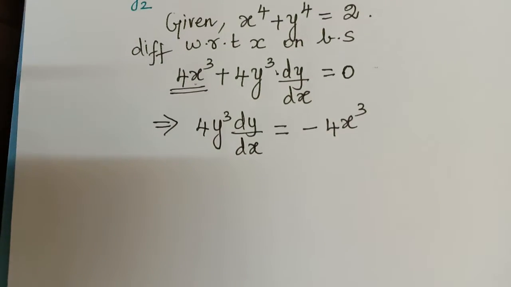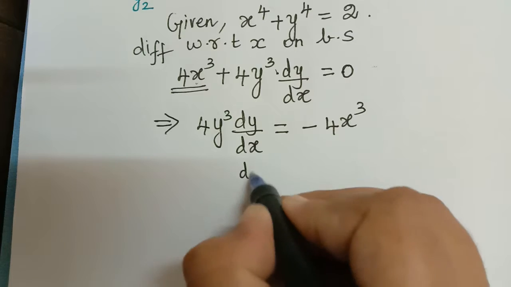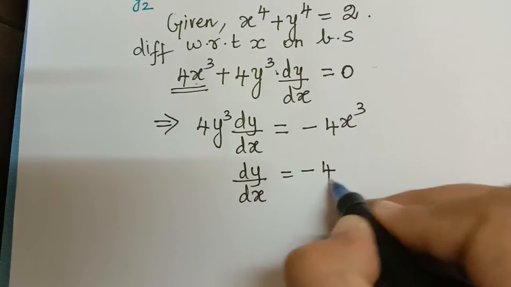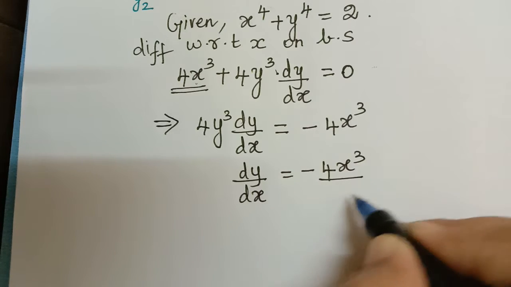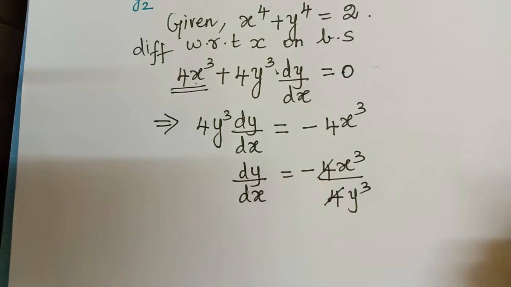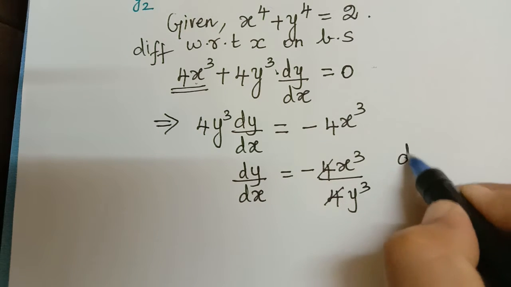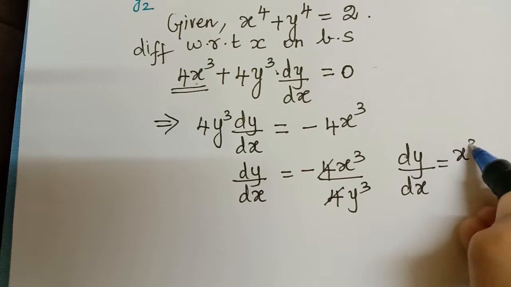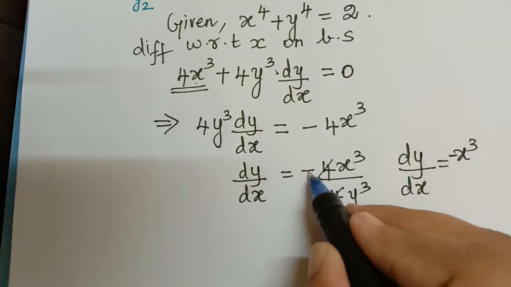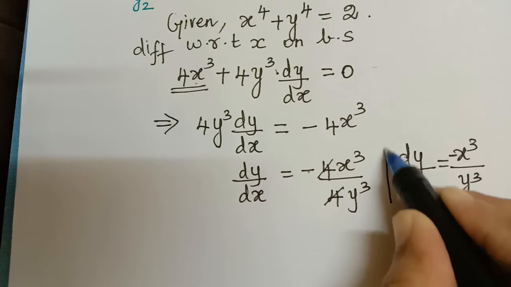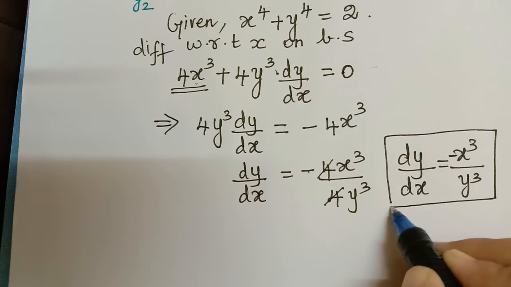So dy by dx will be equal to minus 4x cube divided by 4y cube. Now 4 and 4 get cancelled, and so our dy by dx is equal to minus x cube divided by y cube. So this is our dy by dx.